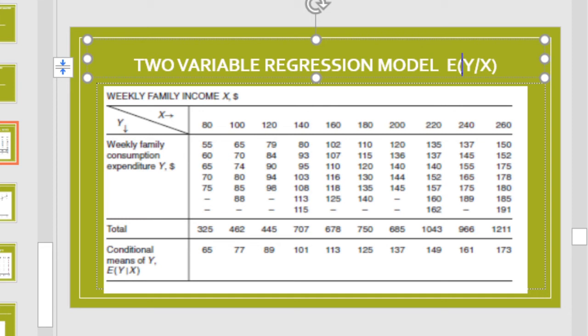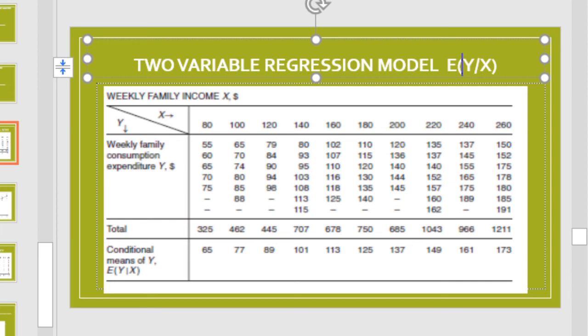The knowledge of income level may enable us to predict the mean value of consumption expenditure better than if we do not have that knowledge. This is probably the essence of regression analysis. This is the conditional expectation.